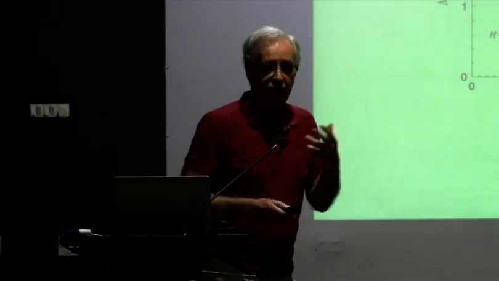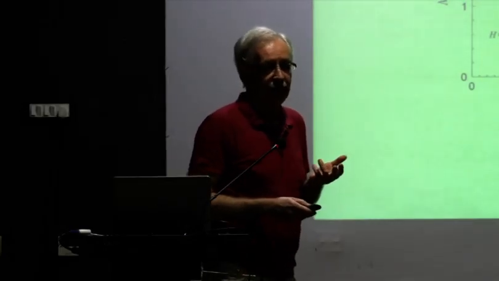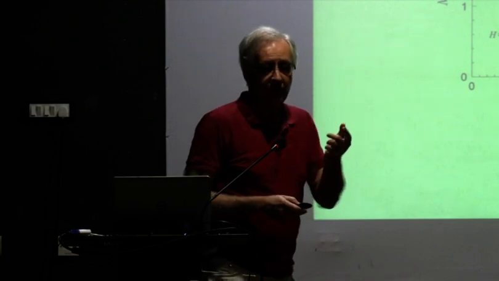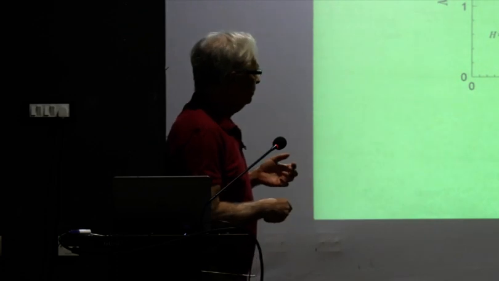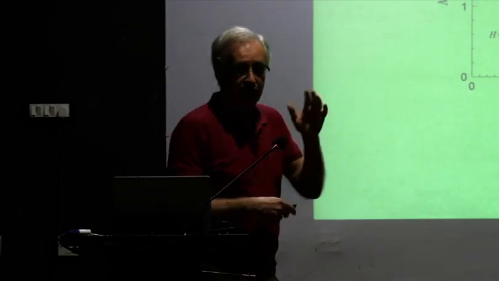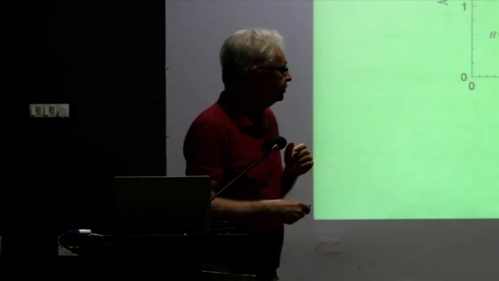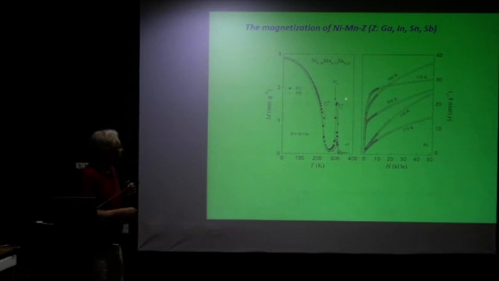Before going and doing any neutron diffraction experiment, of course, what you would do is study in detail the magnetization process at the temperatures where you think things are anomalous. So taking, for example, nickel, manganese, tin with this composition, we measure the field dependence of the magnetization at various temperatures.